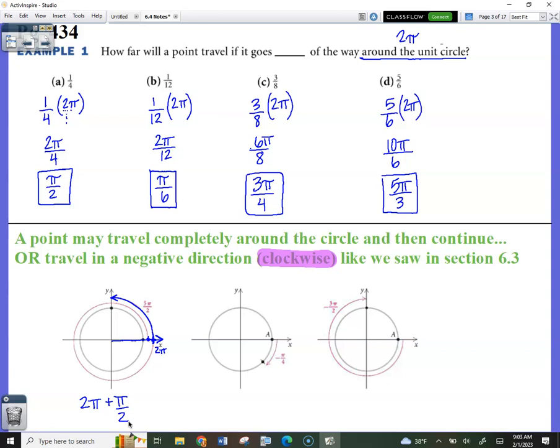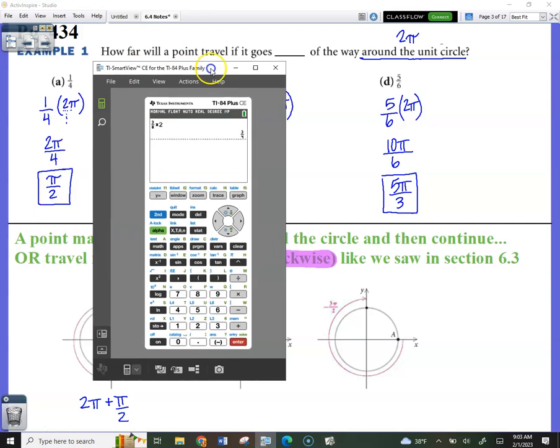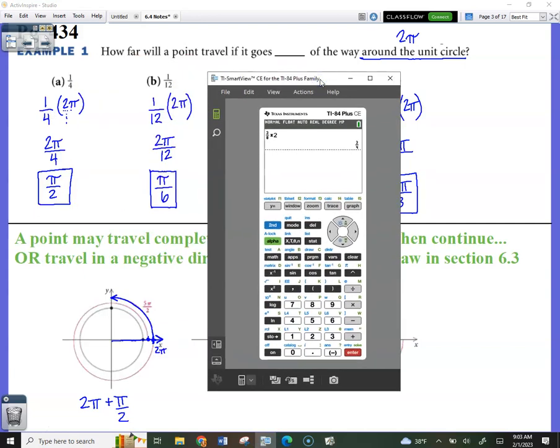Now you might be wondering, how is 2 pi plus pi over 2 going to give me 5 pi over 2? Because of the good old adage, you have to have a common denominator and you add them up. We're not doing that right now. There's no reason for you to sit here and try and do that in your head. 2 plus, what's this fraction? It's 1/2. If you want to type that as a decimal, you can.